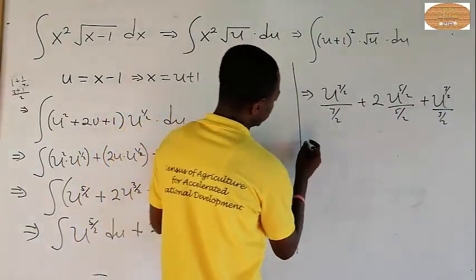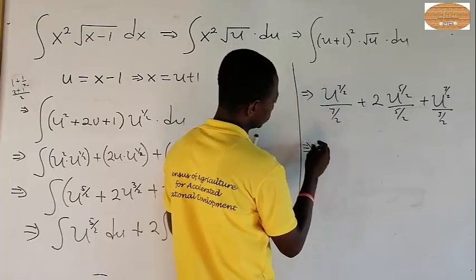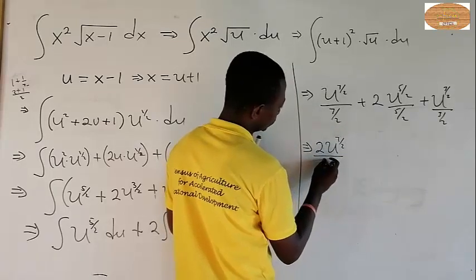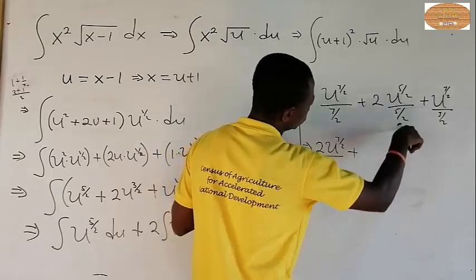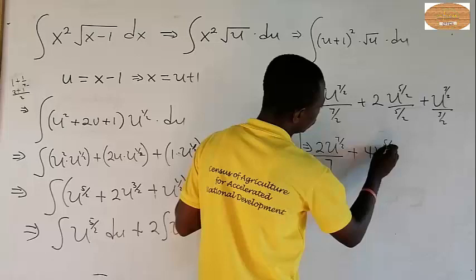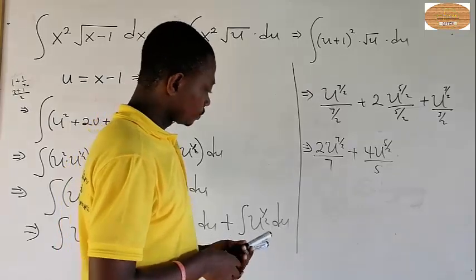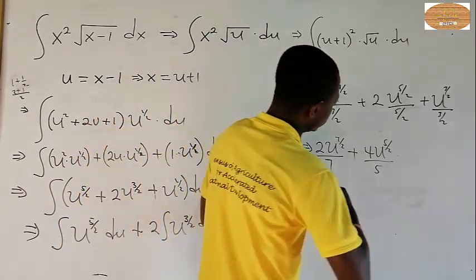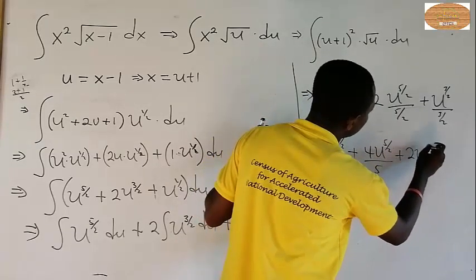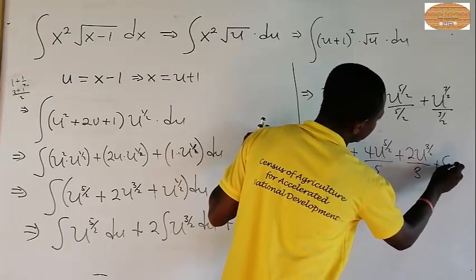Dividing by 7 over 2 is the same as 2 times this over 7, so 2 u to the power 7 over 2 over 7, plus 4 u to the power 5 over 2 over 5, plus the last one, 2 u to the power 3 over 2 over 3, plus c.